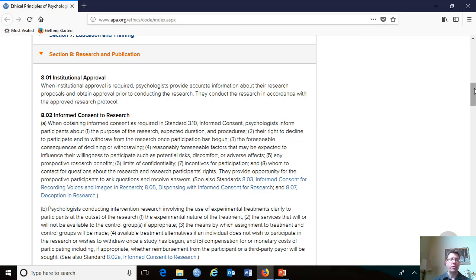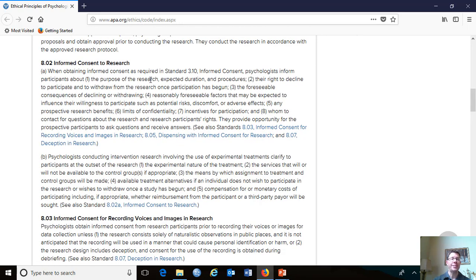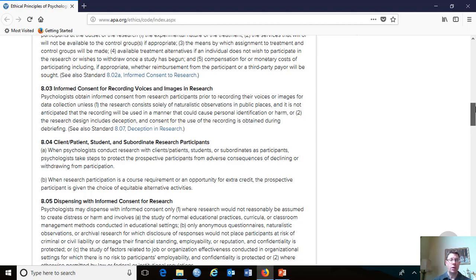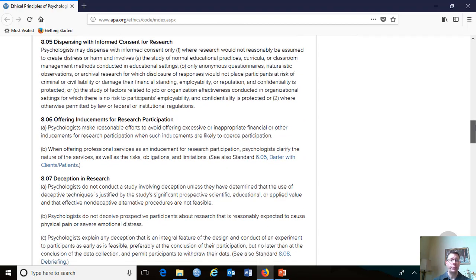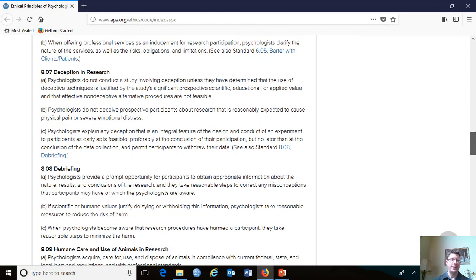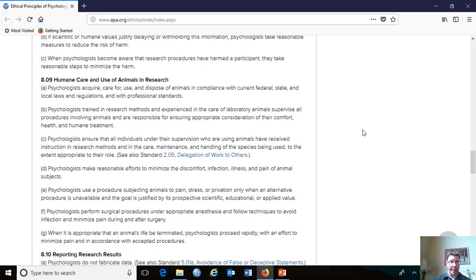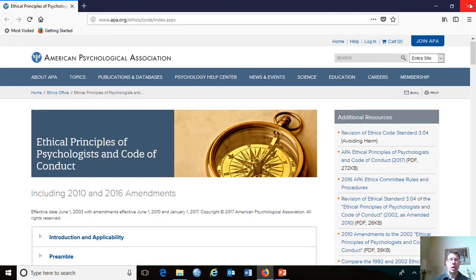So IRB approval, informed consent, and then there's lots of little points here about when you need informed consent, when you don't, maybe when you need more than just informed consent, guidelines related to deception and debriefing, non-human animal use, how to report results, those sorts of things.